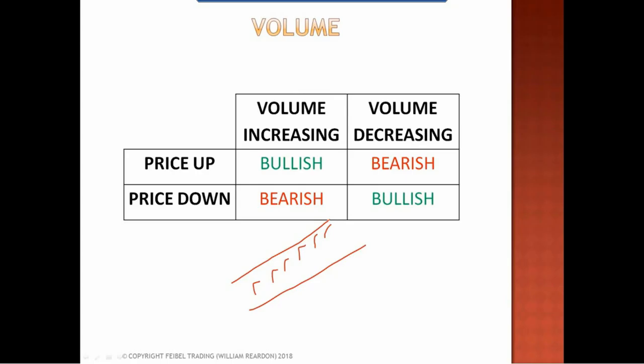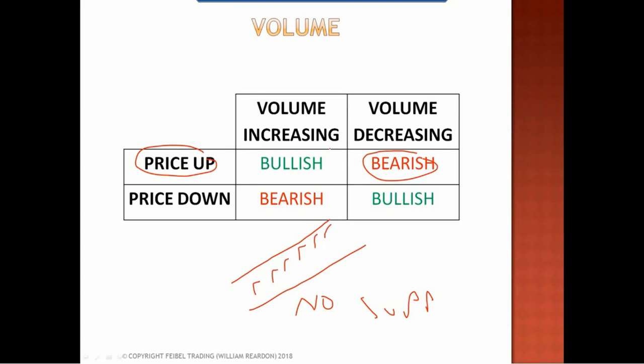Why? Because supply has been eradicated either from absorption, a shakeout bar, or accumulation. So this indicates there is no supply in the market. But if we use this table, so price is up and volume is decreasing or very low, it's bearish. No, it's not. It's actually bullish. You see, this is why we cannot be mechanical within this methodology.